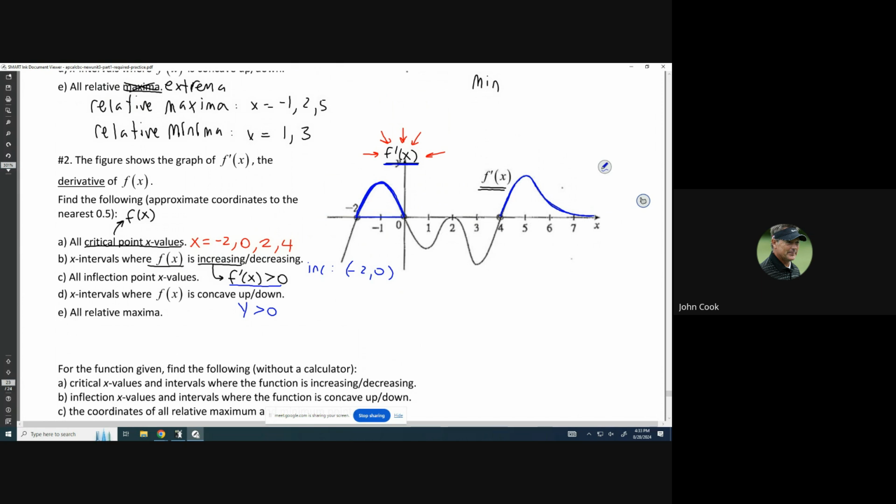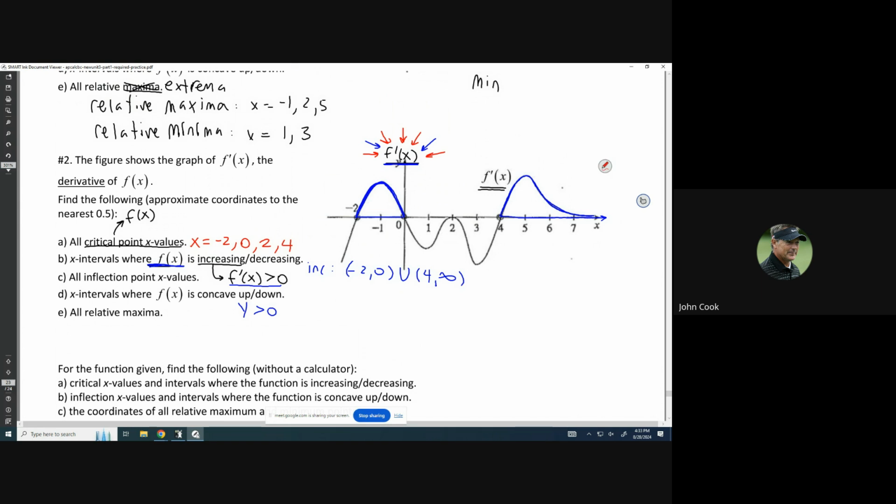And then another interval where it's increasing starts at 4 and keeps going on and on forever on the x-axis. So 4 to infinity is the other place where it's going to be increasing. And remember, I'm not talking about this graph increasing. I'm talking about the original function that I don't even know what it looks like, but I know that it's going to be increasing over those intervals.